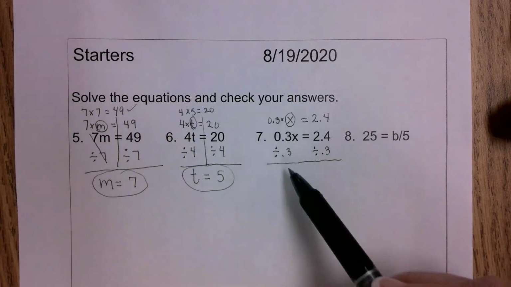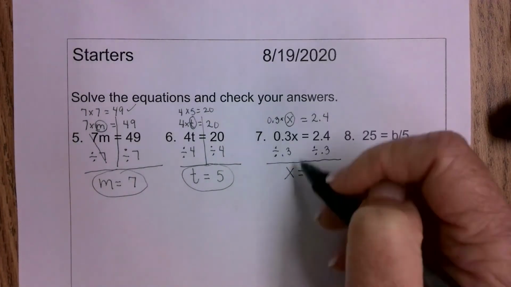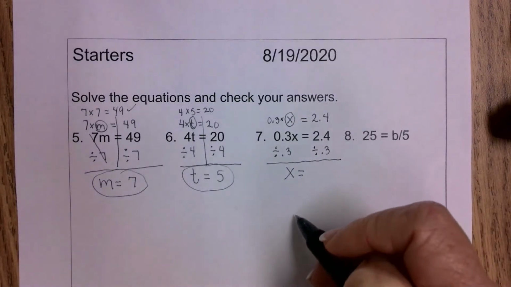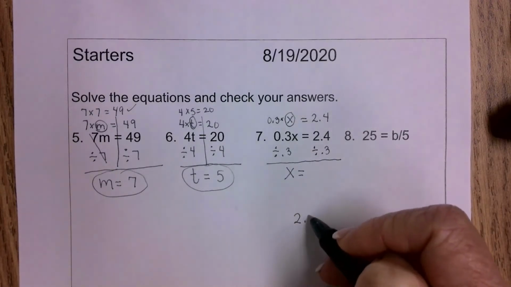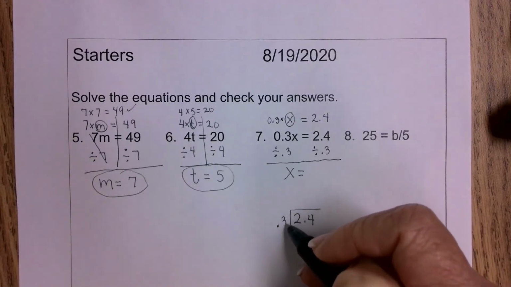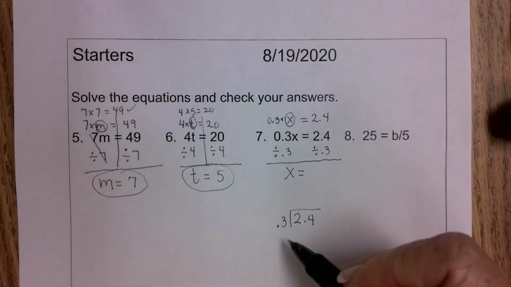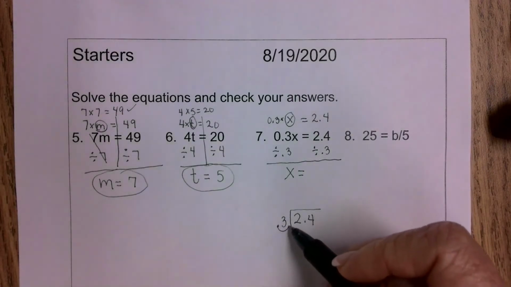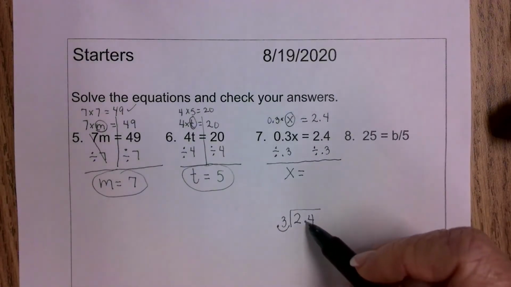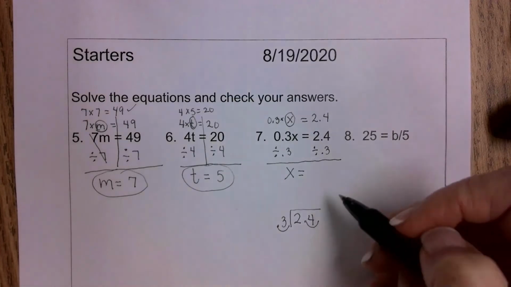So 3/10 divided by 3/10 is still 1, and then we're left with 1x. And then we've got 2 4/10, and we're going to divide that by 3/10. You can't divide by a decimal, so you have to move the decimal over one place so that that's a 3, and then you move the decimal over one place inside the division box, and that will make that 24.